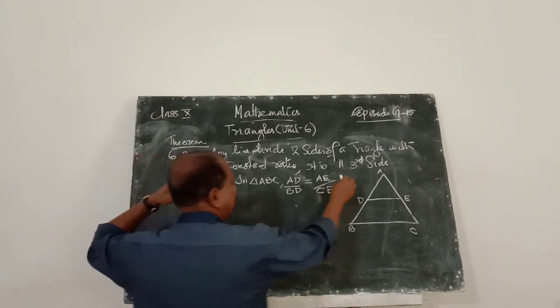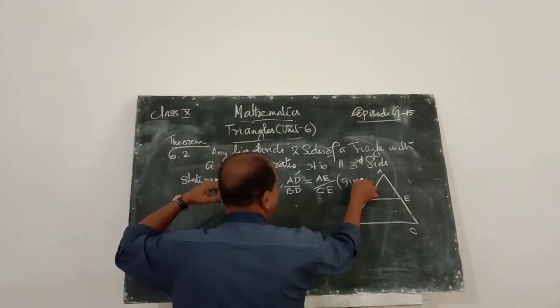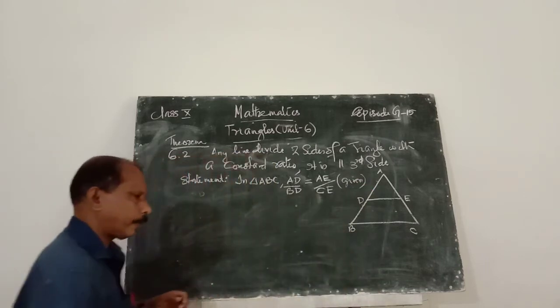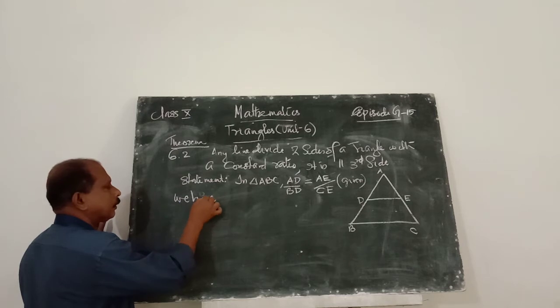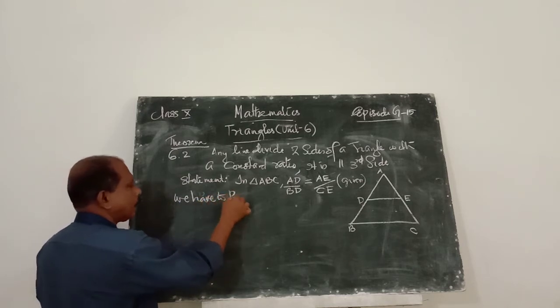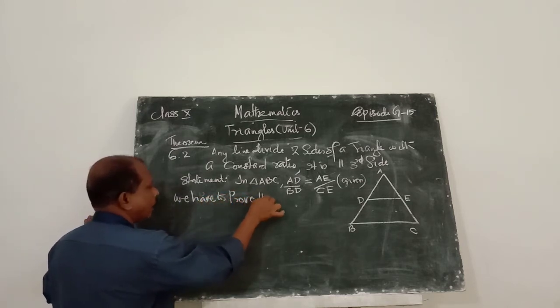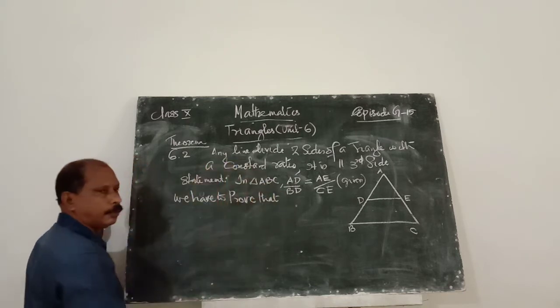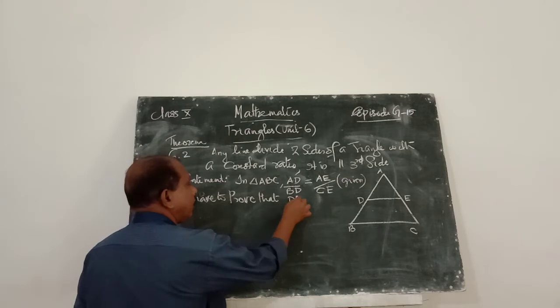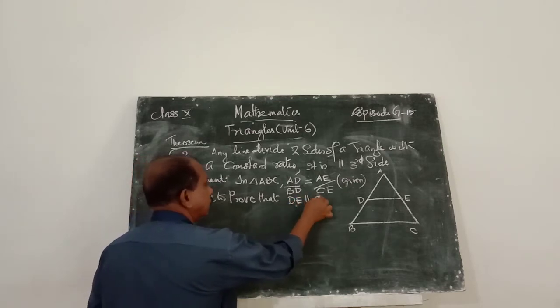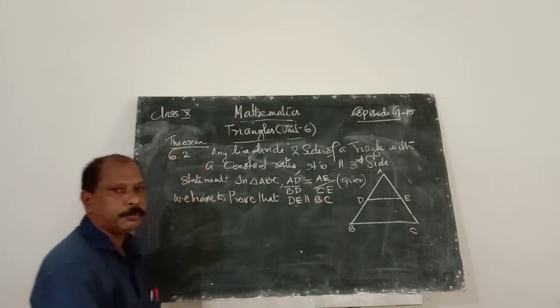That is given. We have to prove what? The condition: DE parallel to BC. That is the converse of the basic proportionality theorem.